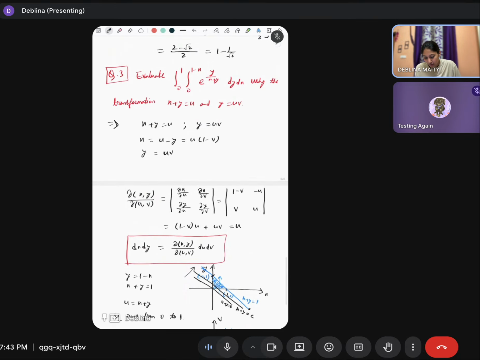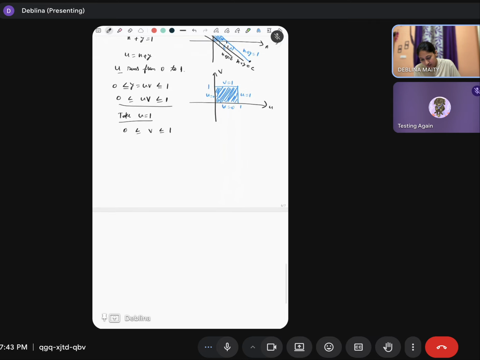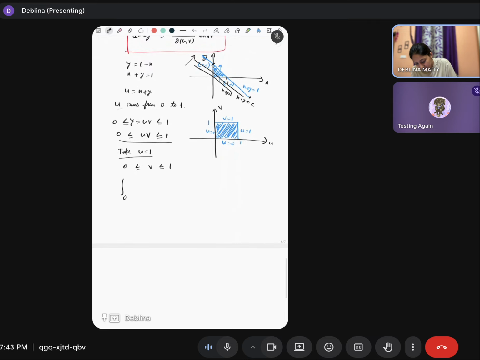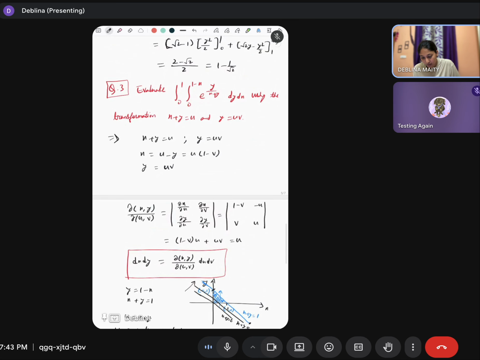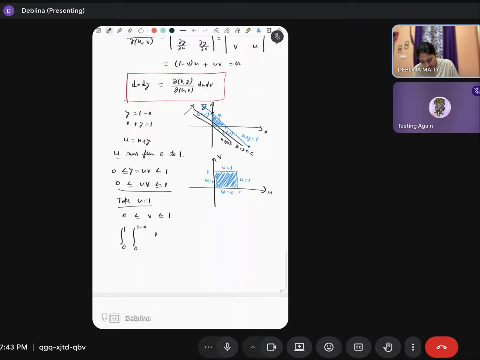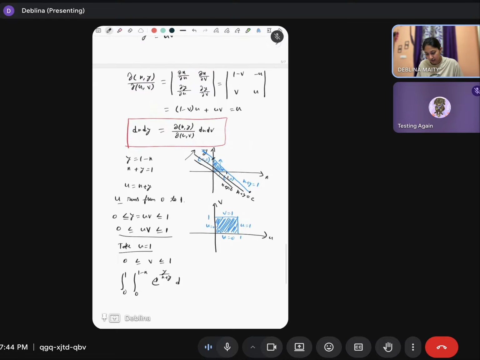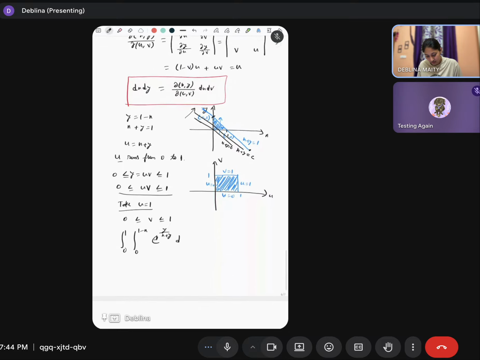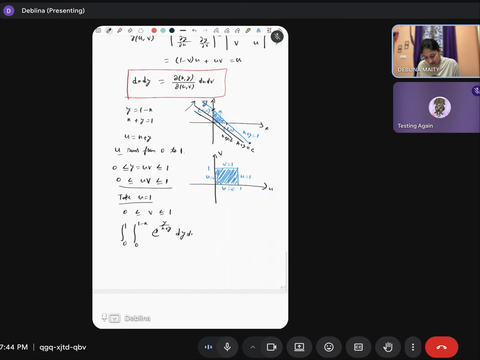Now we'll integrate. Our integral was 0 to 1, 0 to 1 minus x, e to the power y by x plus y, dy dx.